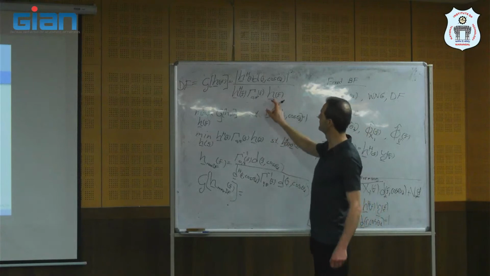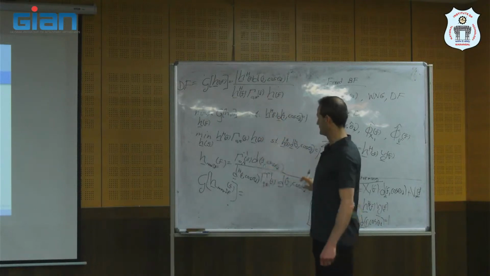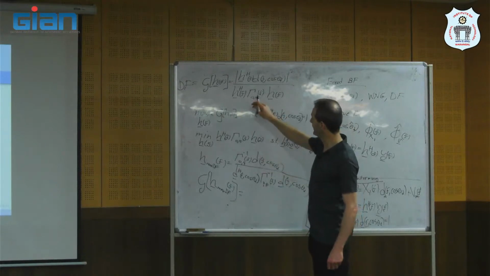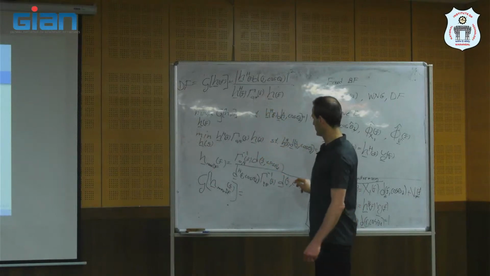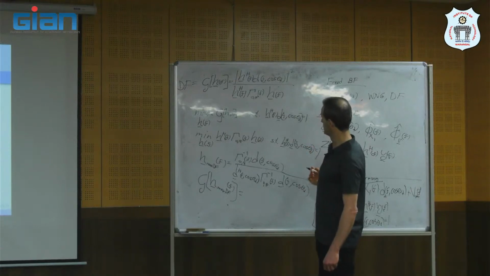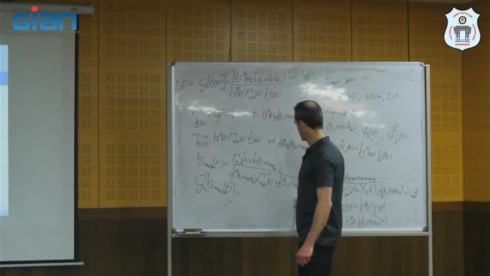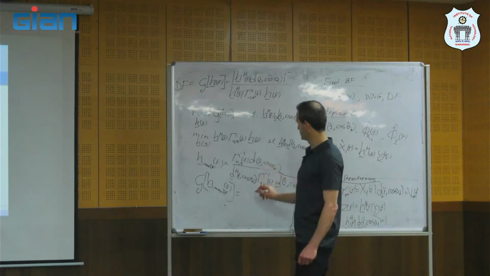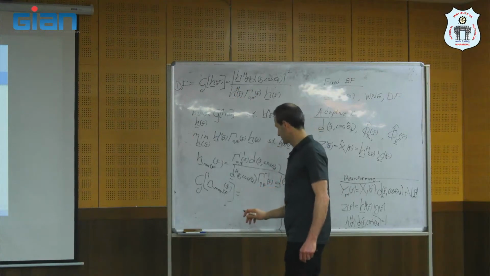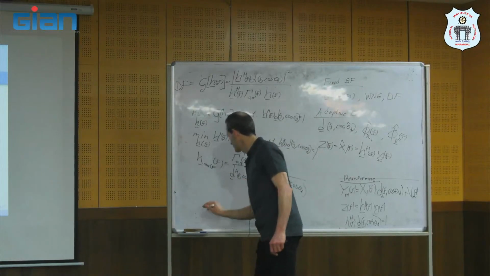So if I use this, what will I get? I take this, and I have this h gamma, so I multiply here and take h from here. You see, this is a number.